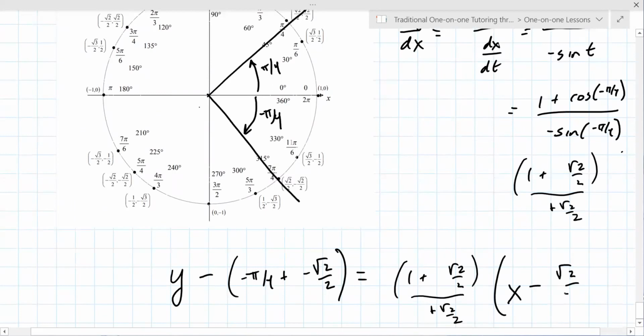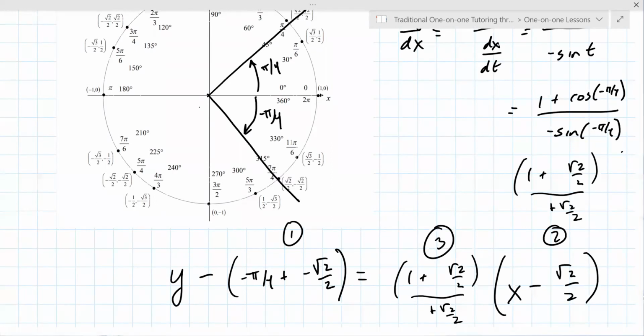Now this might simplify nicely, but you need 3 things: the point, and then the slope. You've successfully navigated that. If it was an easier equation, you would simplify that, right? Yes, if you could, sure.